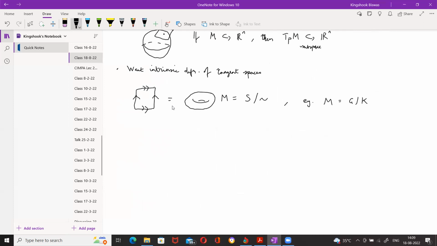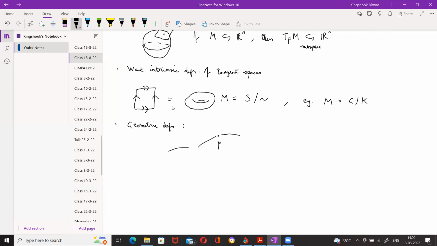One way is a geometric way. I won't go into details about this geometric definition. The idea is you look at curves. You have a point P in your manifold, and you look at smooth curves passing through P.